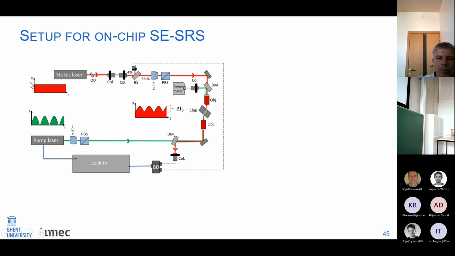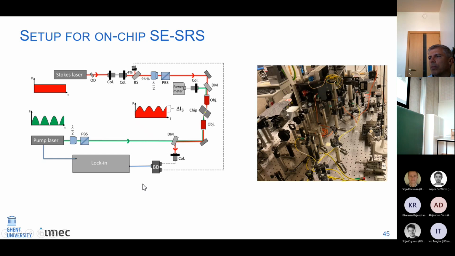And then you have the Stokes laser, and if the interaction goes as planned, you get this modulated increase on top of the Stokes laser due to this SE-SRS interaction, and then you collect this SE-SRS light and send it towards your lock-in. In practice, this looks something like this here, where most of the equipment is not even shown.